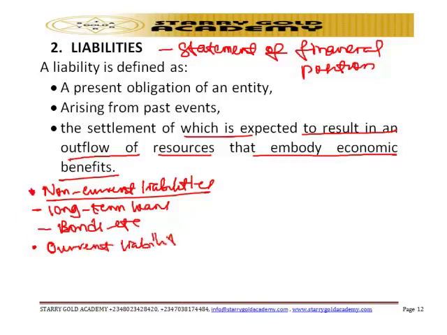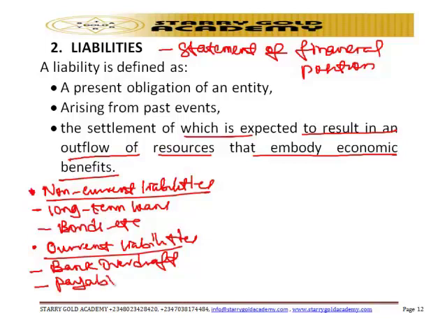Current liabilities include, one, bank overdraft. Two, payables, and etc. So these are examples of items that fall under current liabilities, and items that fall under non-current liabilities. So this is the second element of the financial statement.